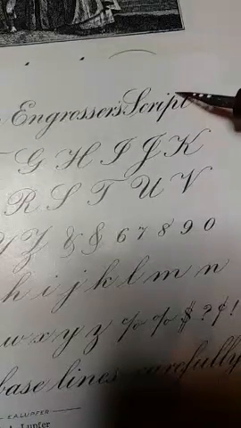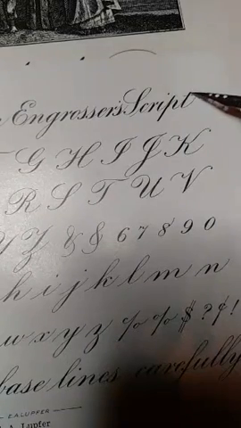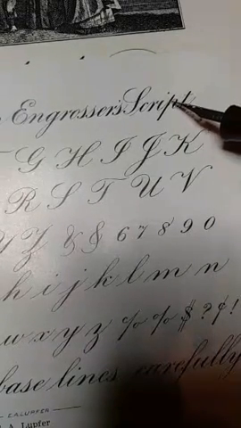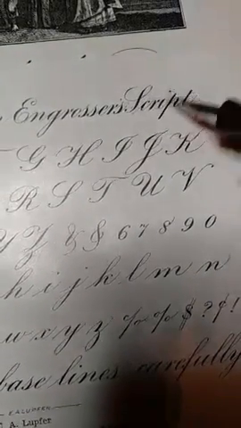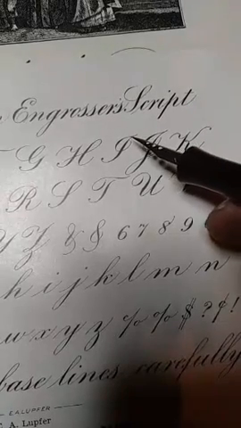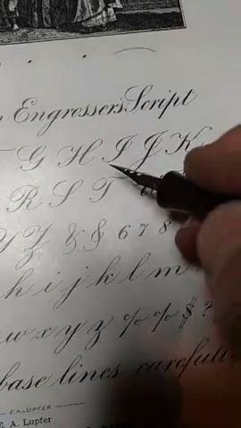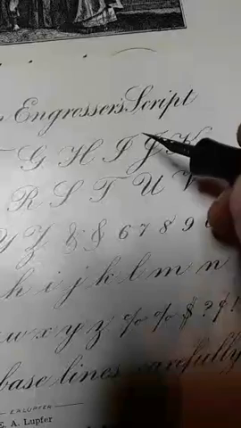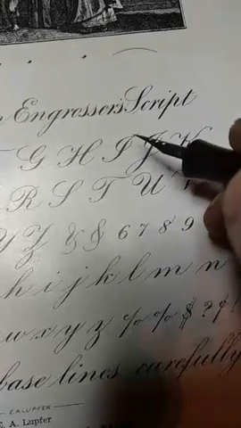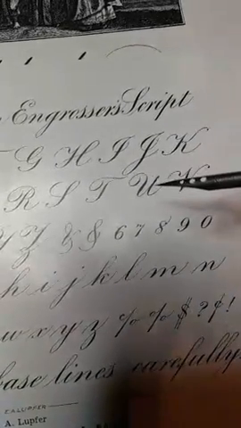You'll see every top, every bottom is very squared. It's done with many pen lifts. Instead of a handwriting style, you would go down, lift the pen, finish the letter, lift the pen again, go up, do that section of the letter, many, many pen lifts.